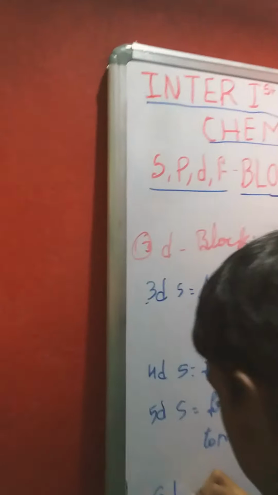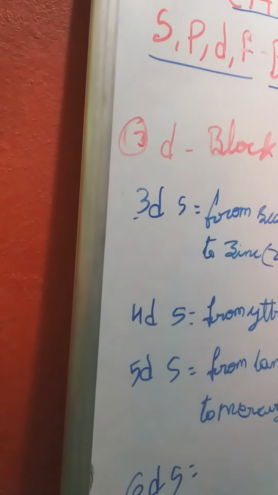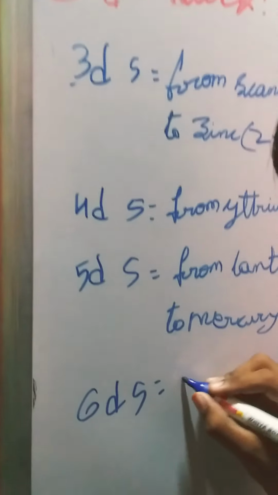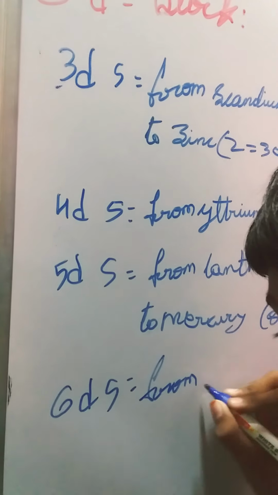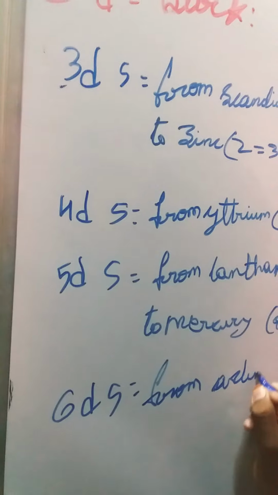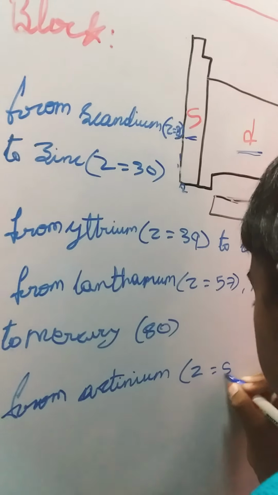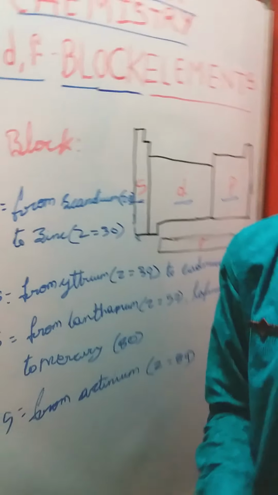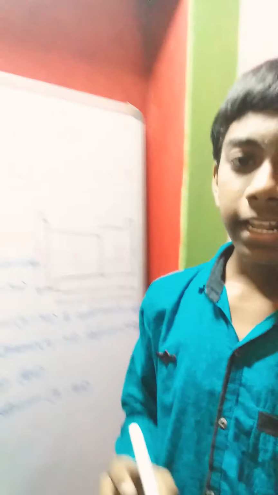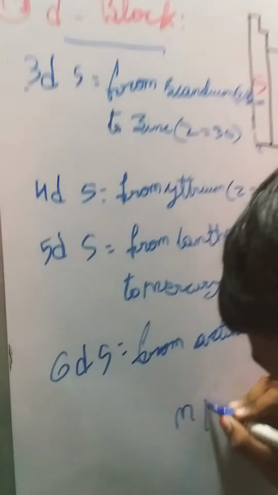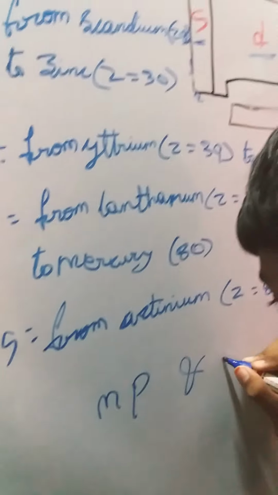And next one, 6D series. It is an incomplete series, from actinium, Z equal to 89, in the 7th period. D block elements are hard and heavy metals with high melting point and boiling point.